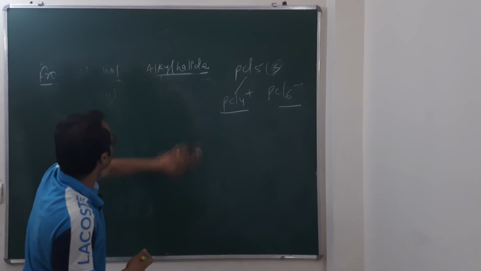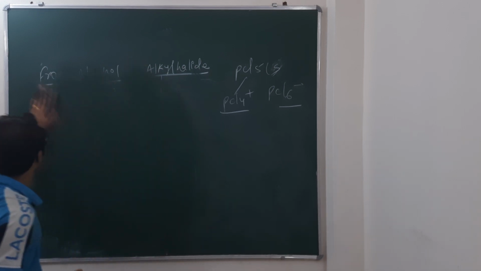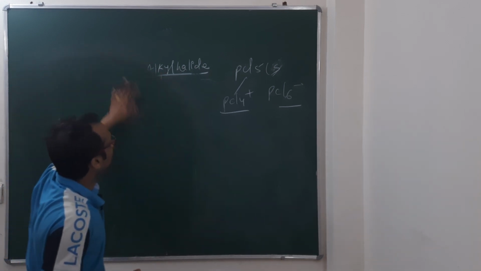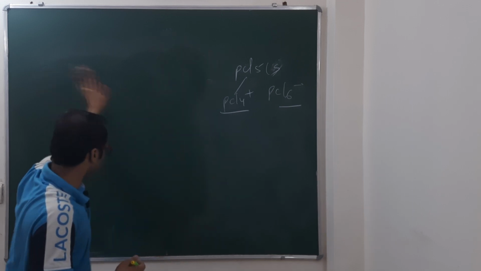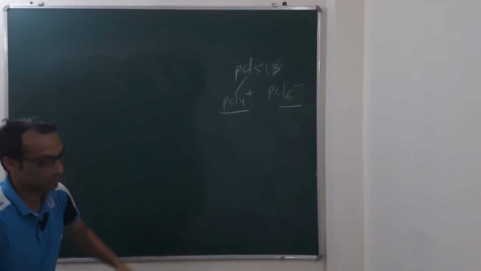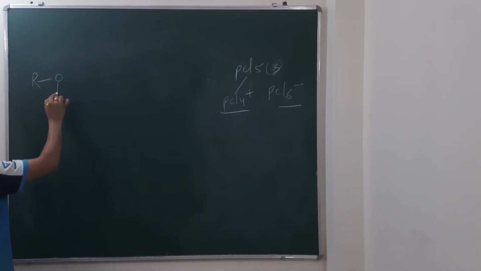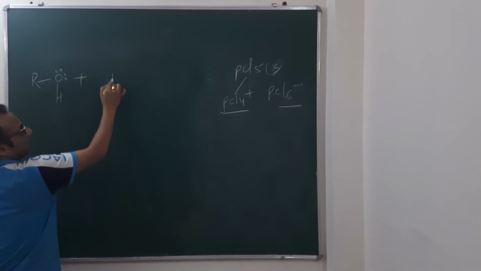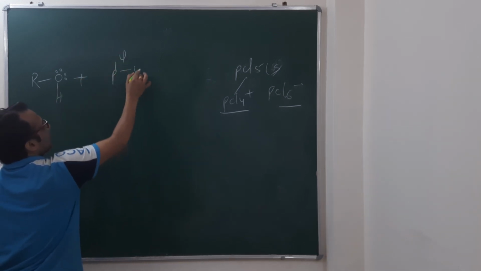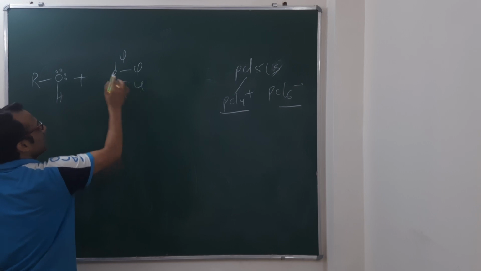Next is see here. What is it? Now, students, see how it will attack on the PCl4 plus. Again, I take the ROH. Okay. So what happened? P, Cl, Cl, and Cl, here is the positive charge.